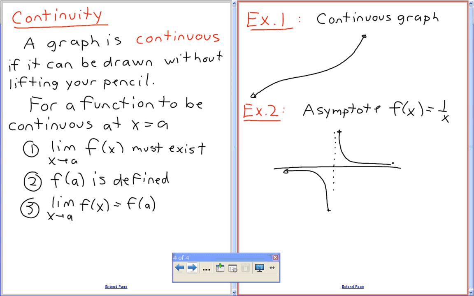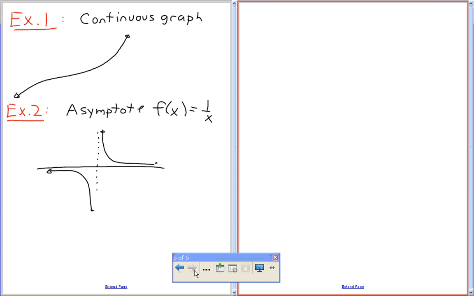Because it's not a continuous graph, does that mean that you can't take the derivative of it? Well, no, of course I can take the derivative, but I cannot take the derivative at the point x equals 0. Because f of 0 is undefined, it fails part 2 of my continuity test, so the entire graph is not continuous. I can still take the derivative on the right-hand side or the left-hand side for individual points. We have to remember the restriction, x cannot be 0. That limits the continuity.